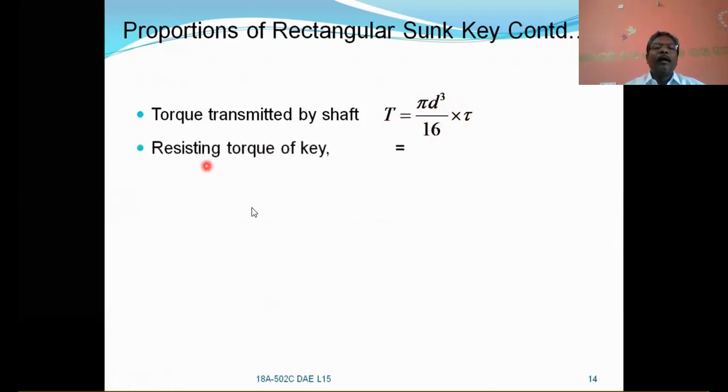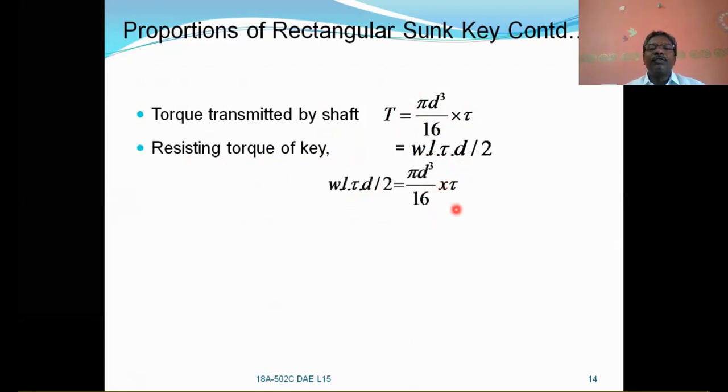And similarly, the resisting torque in the key, that means the shearing strength is the resisting strength, is W L tau d by 2.